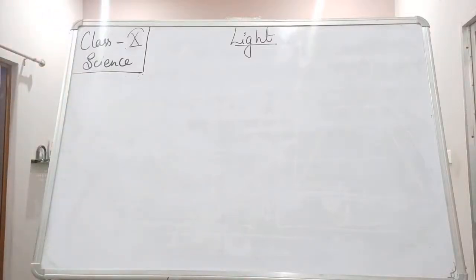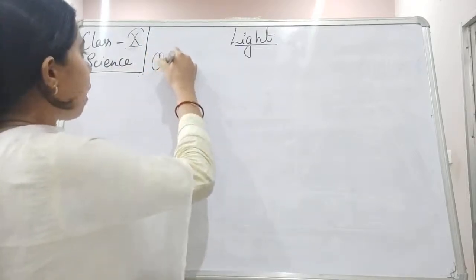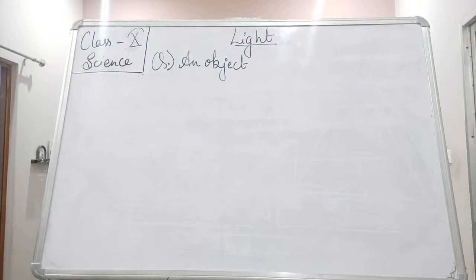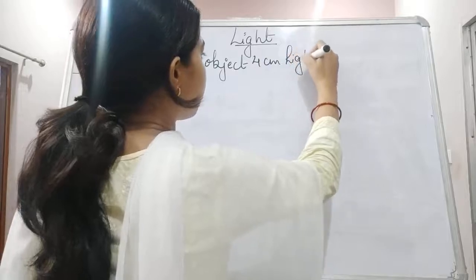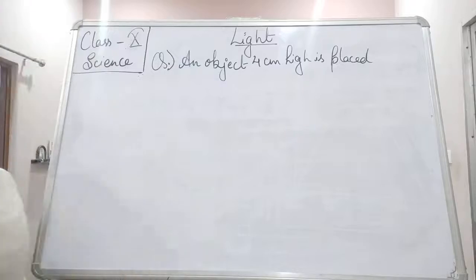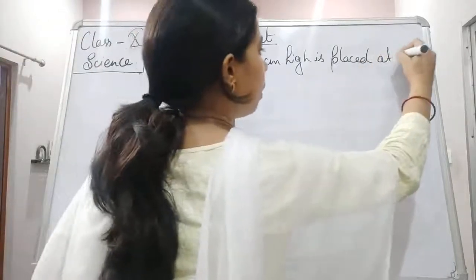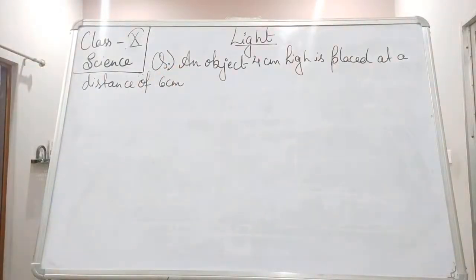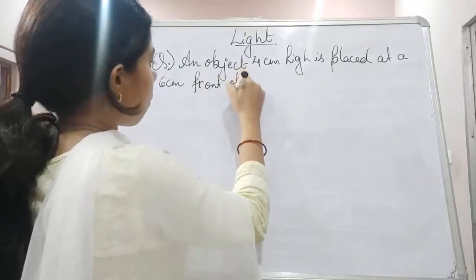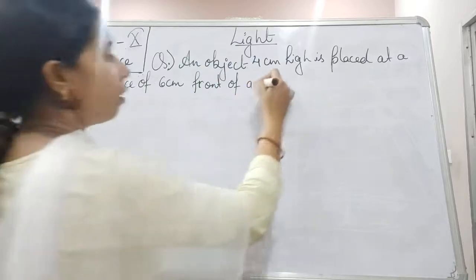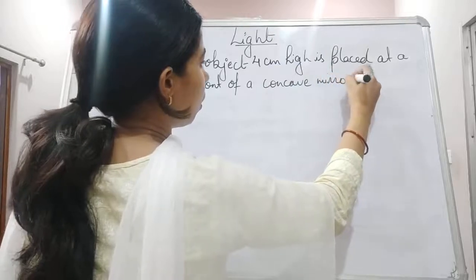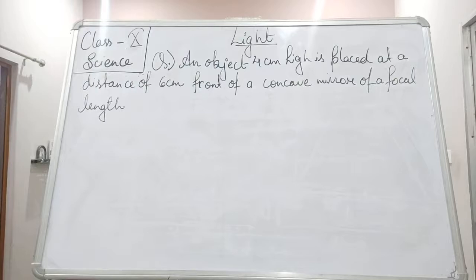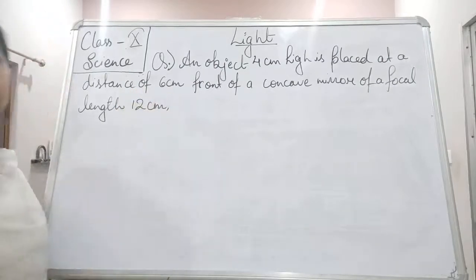So the first question is: an object 4 centimeter high is placed at a distance of 6 centimeter in front of a concave mirror of focal length 12 centimeter.